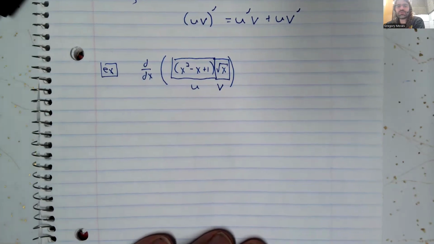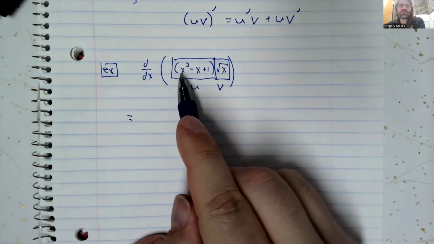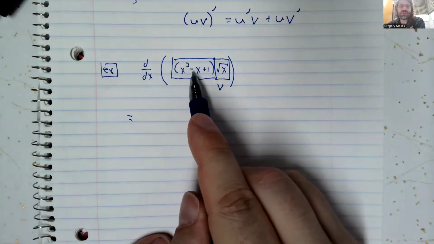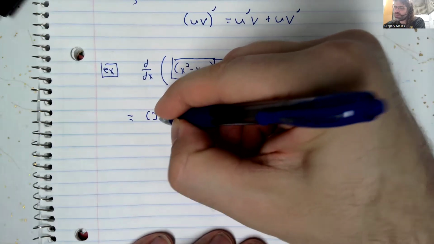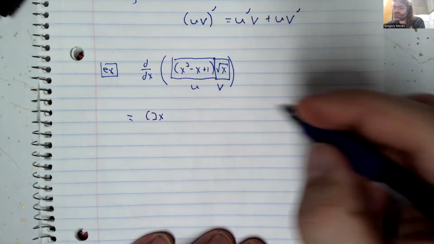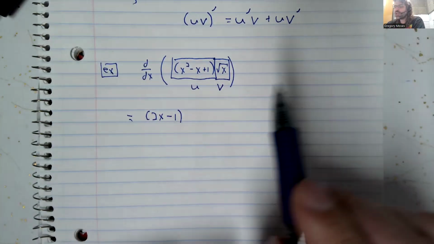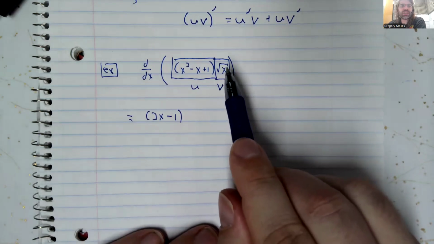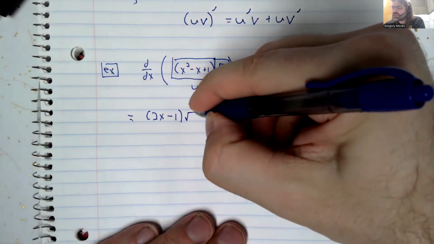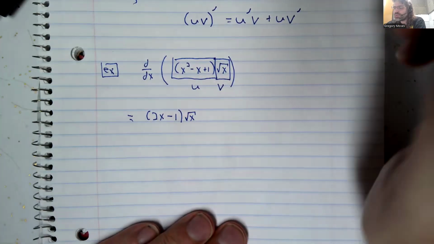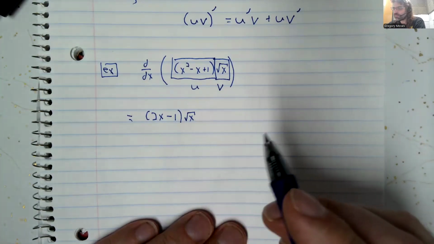And what the product rule says is we should take the derivative of this first function, the derivative of x squared minus x plus 1 is 2x minus 1. And we should multiply it by the other function. No derivative here. We're leaving the square root of x alone. 2x minus 1 times the square root of x.